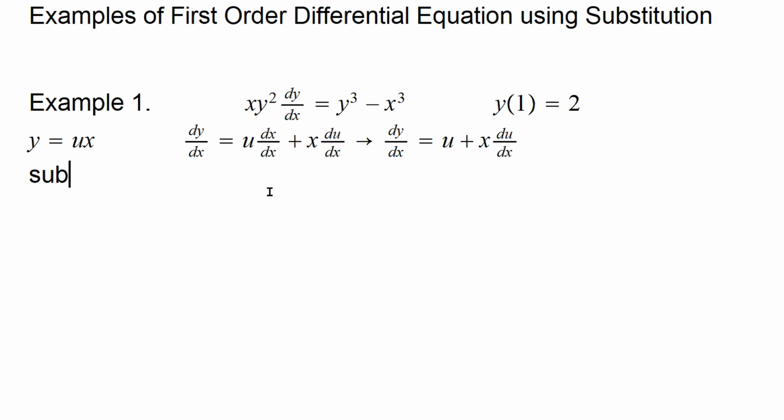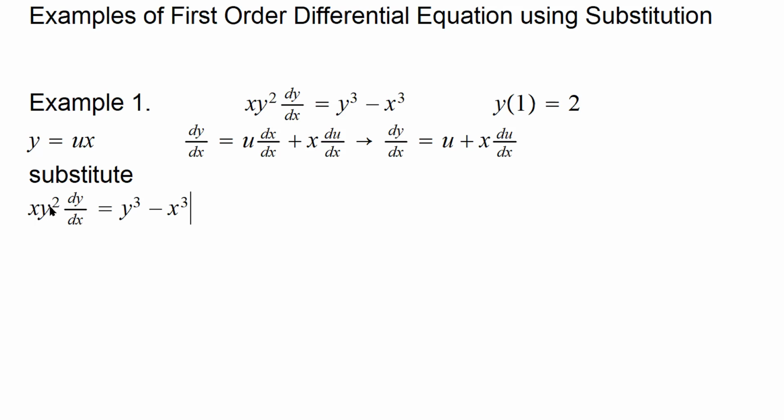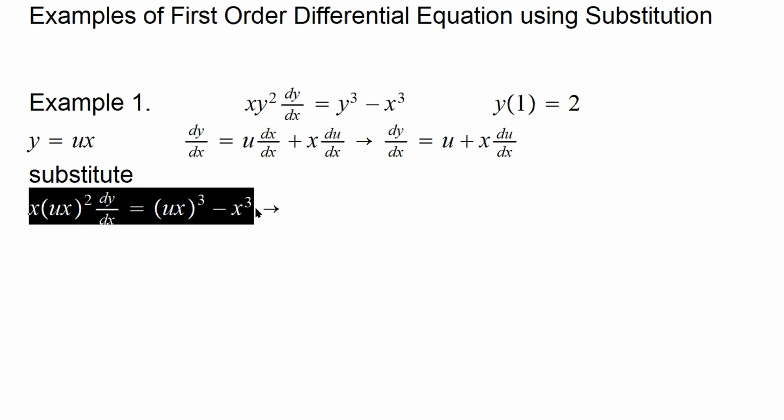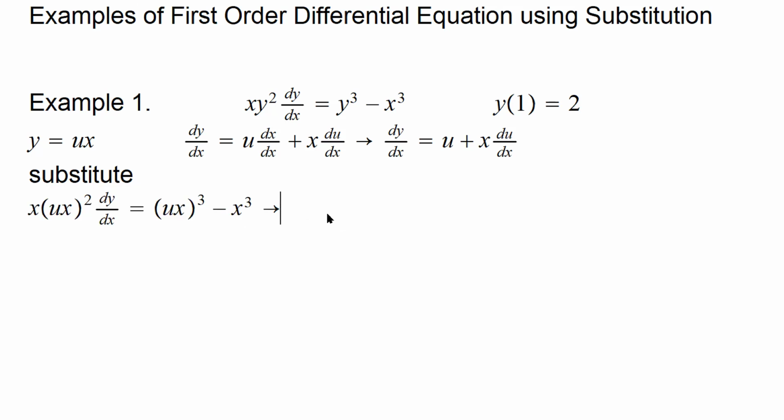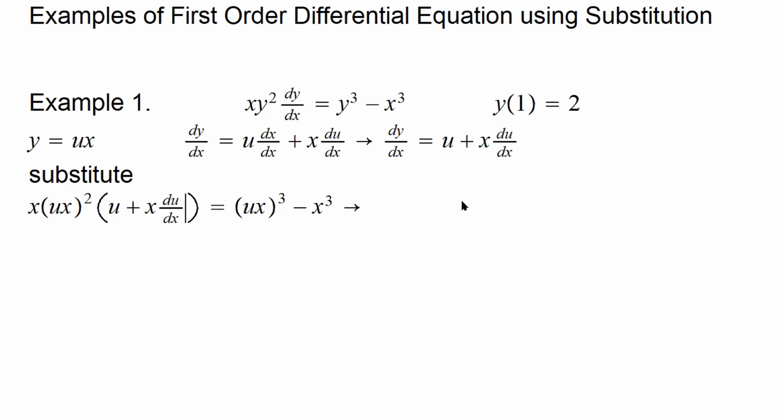So if we substitute in the original equation, here we have ux squared, and here we will get ux cubed, and we should have written it in terms of du/dx rather than dy/dx.